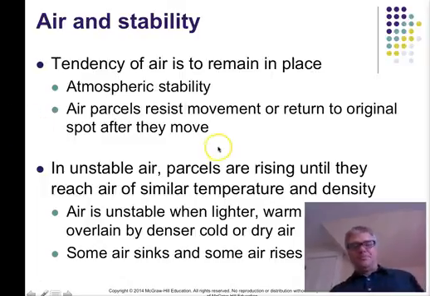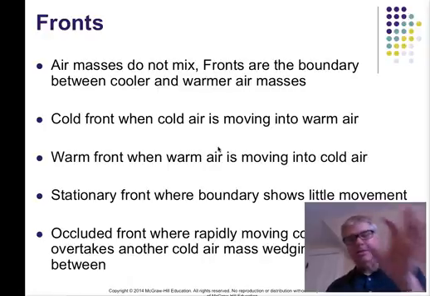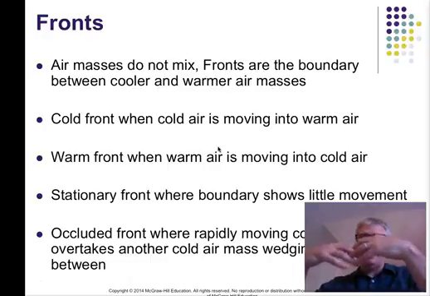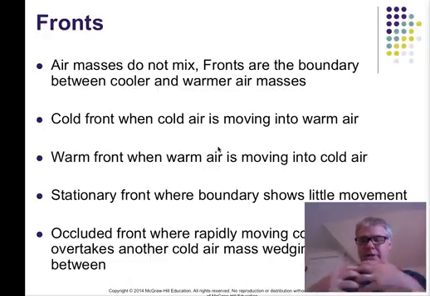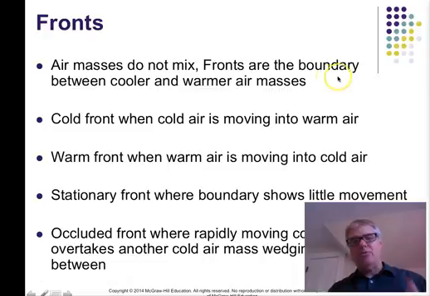And so when we talk about fronts and we talk about cold air masses and warm air masses, you have to realize that sometimes these air masses don't tend to mix very well when they have different characteristics. Okay, so it says here, air masses do not mix, and fronts are the boundary between cooler and warmer air masses. And the terms that we're probably most familiar with are cold front and warm front.